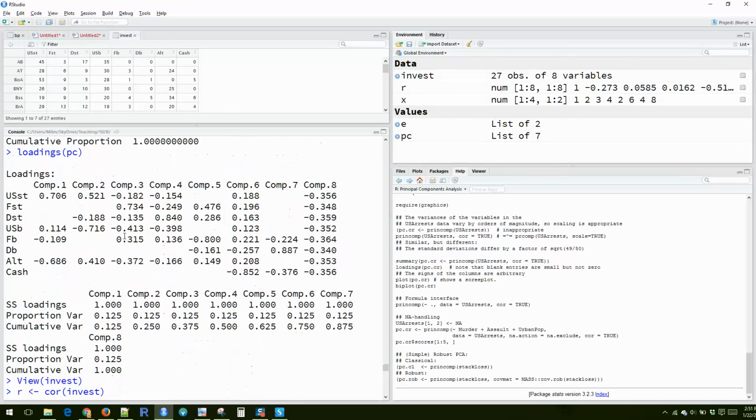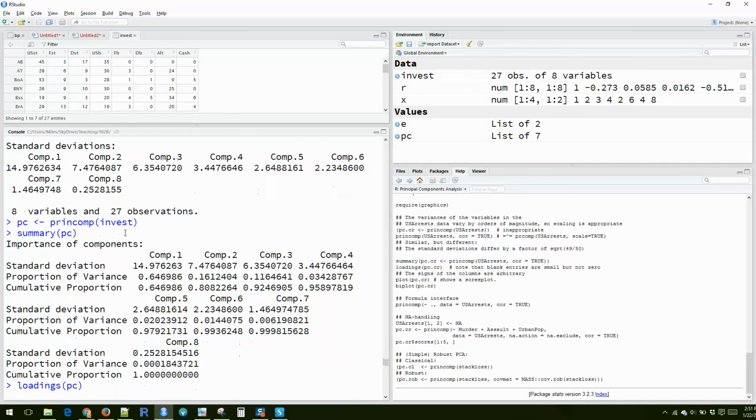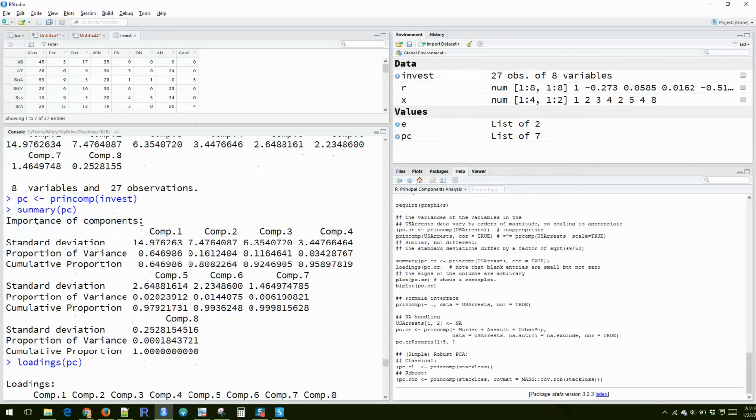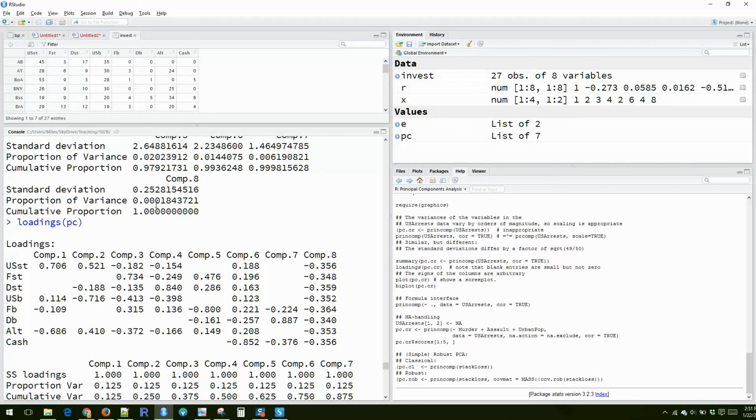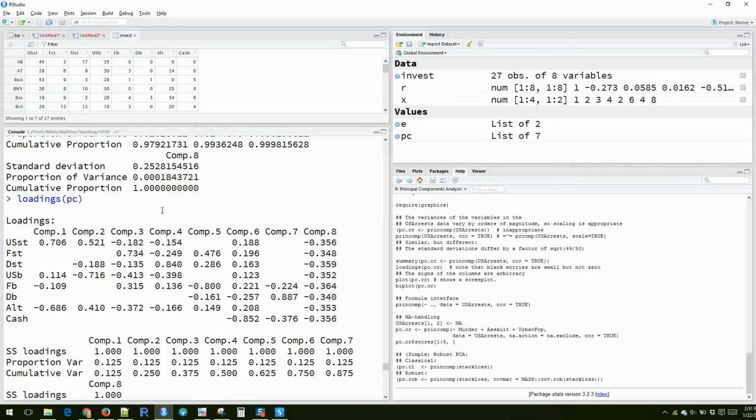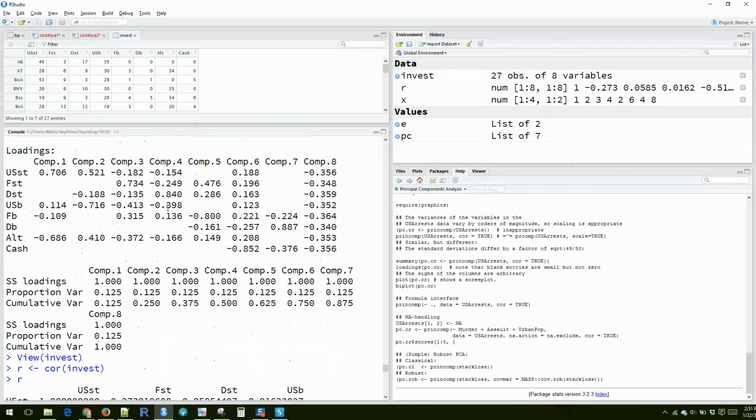So when you do principal component analysis directly on the data, it's performing the analysis on the covariance matrix. And again, there's a bit of debate on whether you should use the correlation matrix or covariance matrix.